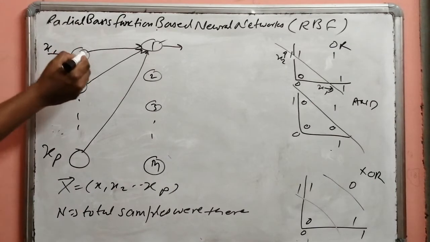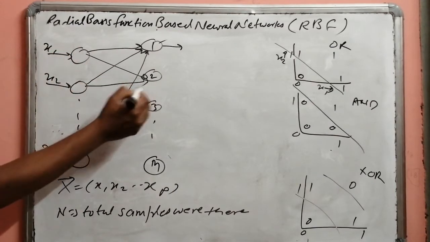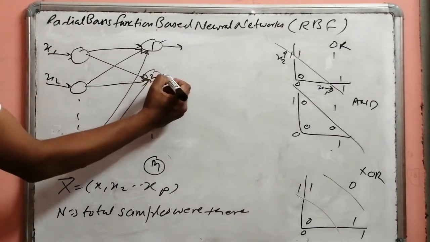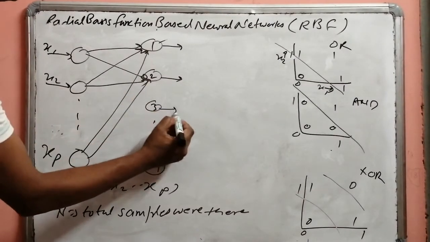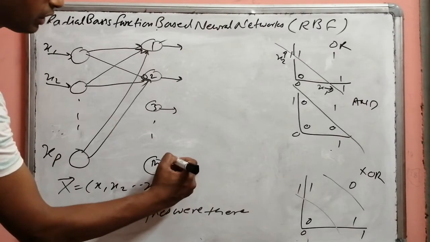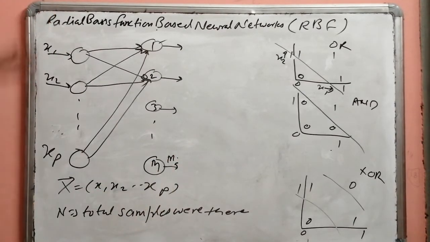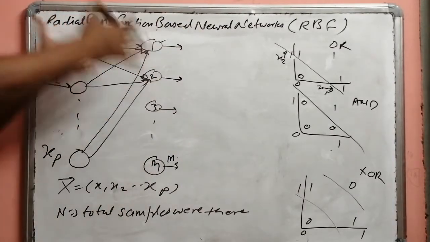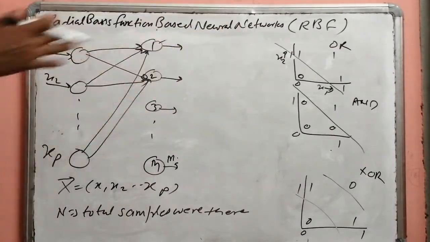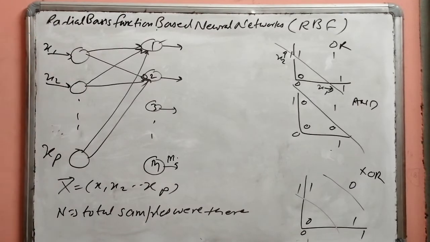In the same way, the vector will go to your second neuron also, it will generate another one, and it will also generate the third one, and in this way your m number of features will be generated.